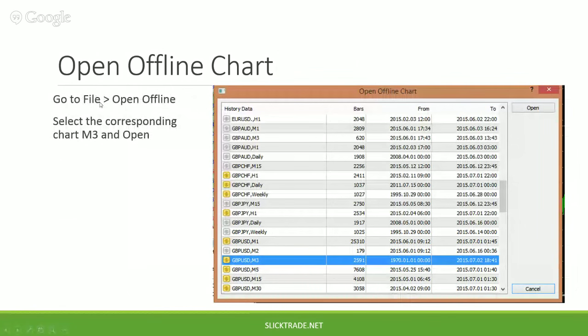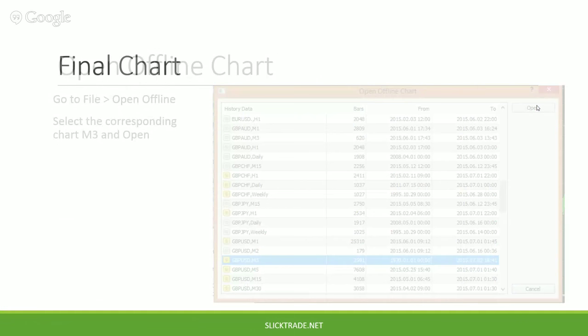So you'll go to File in your MetaTrader 4, the upper left-hand corner. You'll choose Open Offline, and then you'll select the corresponding chart with an M3 time frame. So in my case, GBP USD, you can either double click that or you can click it and choose Open.